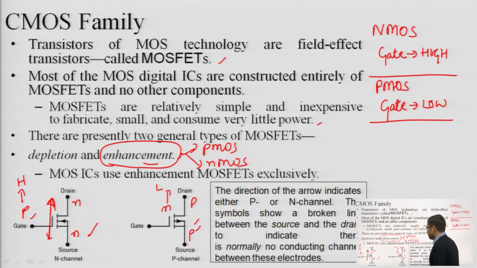So this we have seen, because actually this P and N are not the gate, these are the channels. The gates are of the opposite type. Okay. So in an NMOS the gate is of P type, that's why we are connecting high voltage to that, and in PMOS the gate is of N type, that's why we are connecting low voltage to it.